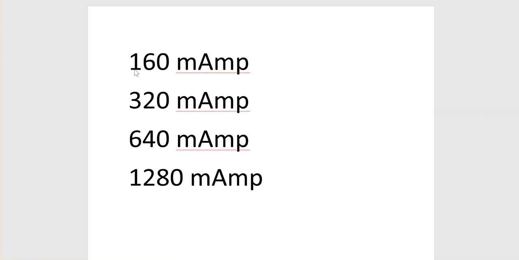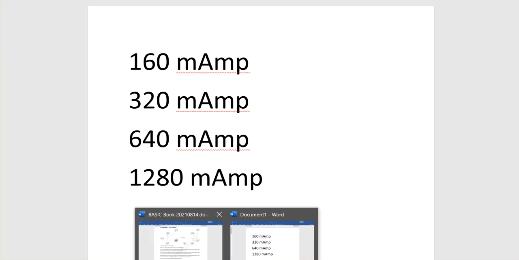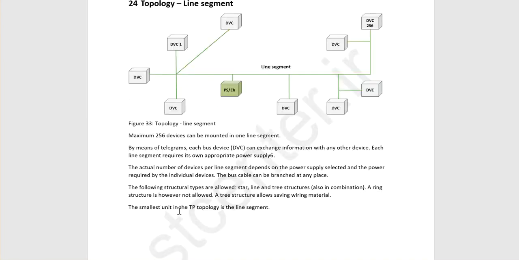If you have 10 devices, each one consuming 20 milliamp, you consider this one. Okay? Always try to have 50, 100 milliamp as a reserve for the future, and to have safe planning. Yeah. Okay, so let's continue.